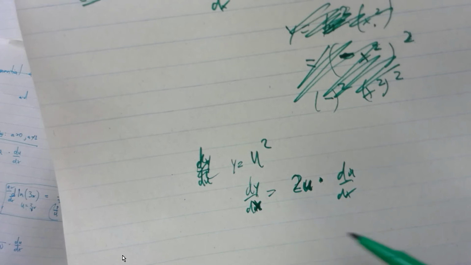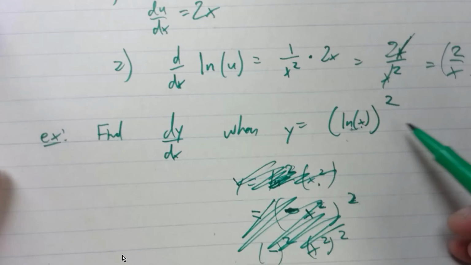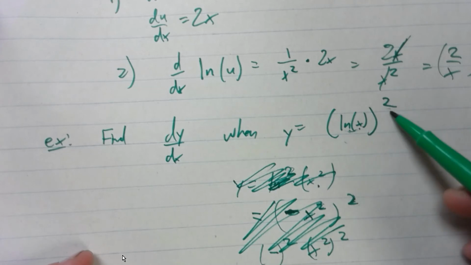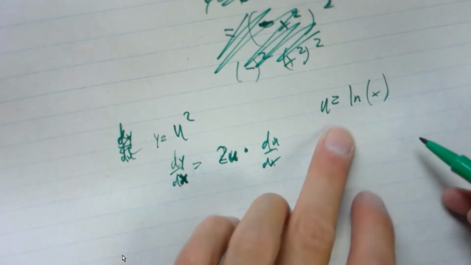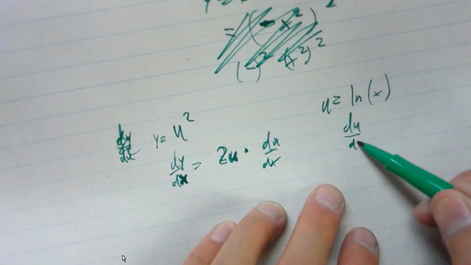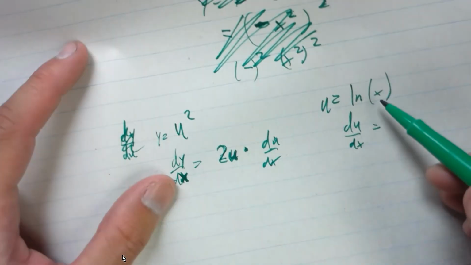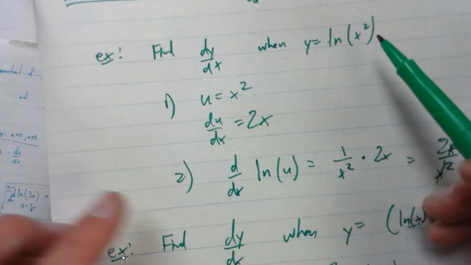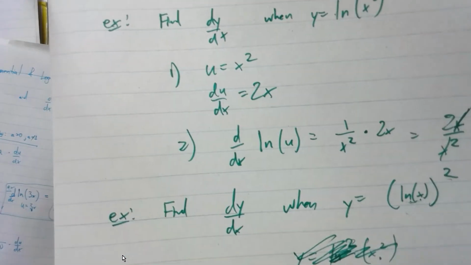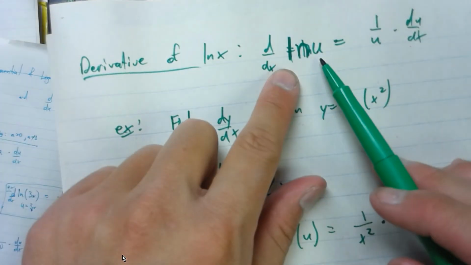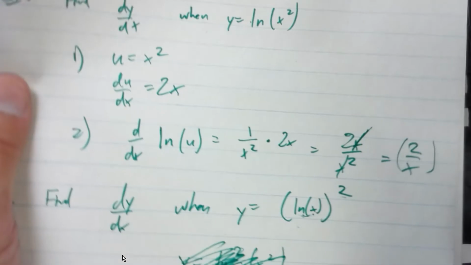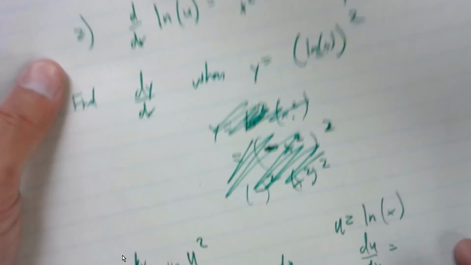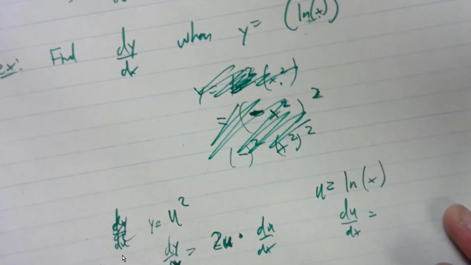So let's define a few things. u is going to be equal to ln of x, since our ln is being squared. Now, what is the derivative of u with respect to x? The derivative of the natural log of something, we'd follow this, would be 1 over whatever's in there. This is going to be a little confusing for you guys, so I do apologize.